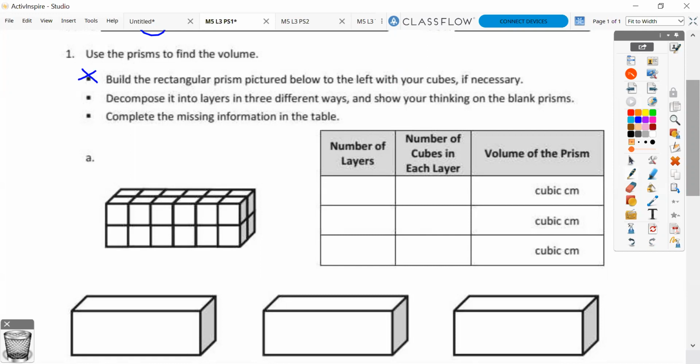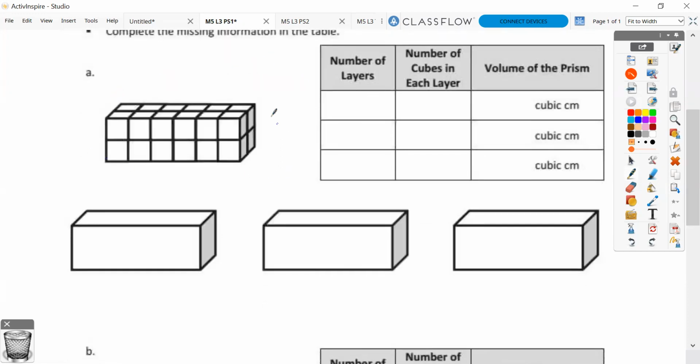So, kind of what I showed on that first slide, we're going to cut it like a loaf of bread. We're going to cut it long ways like a loaf of bread, long slices, and then we can also cut it like a cake. So that'll make more sense as we do it here. And then we'll fill in the table as we work. What I see is a rectangular prism with all of the cubic units inside of it.